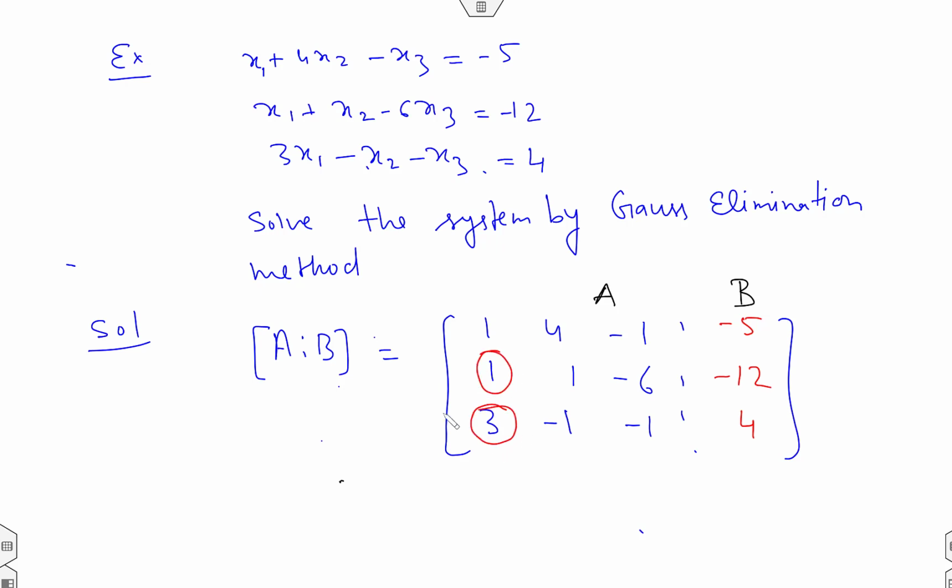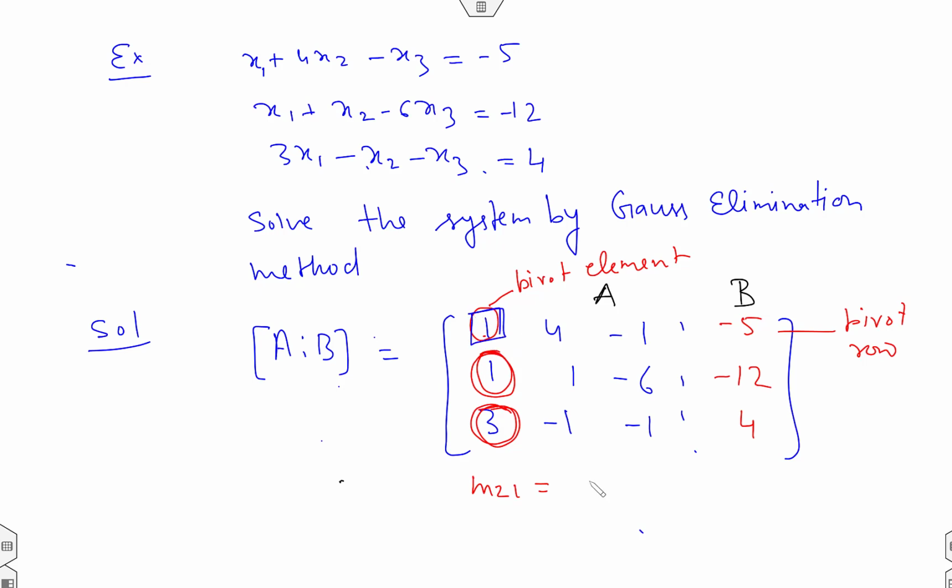What is our first step to apply the Gauss elimination method? We have to make 0 at this and this position. So for that you will compute the multiplier. This a11 is your pivot element, and this row is your pivot row. Why pivot? Because we want to get 0 at these positions with the help of the pivot element.